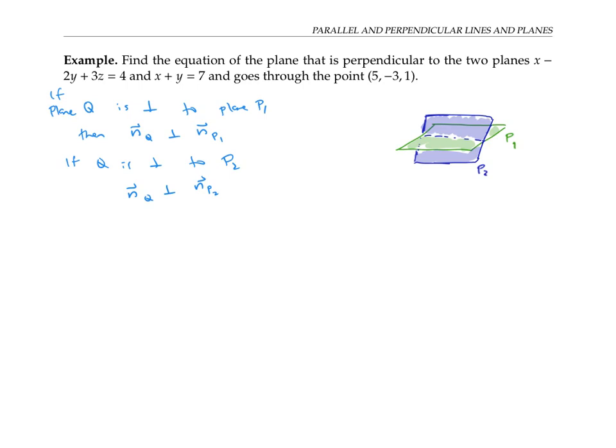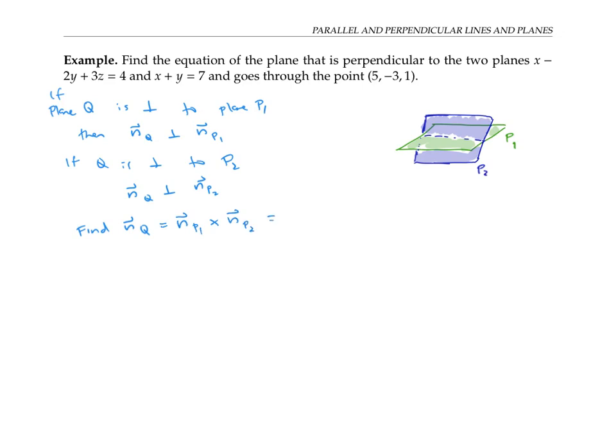So we're looking for the normal vector of this plane Q, and since it's perpendicular to both the normal vector of P1 and the normal vector of P2, we can find it by taking the cross product, nP1 cross nP2.